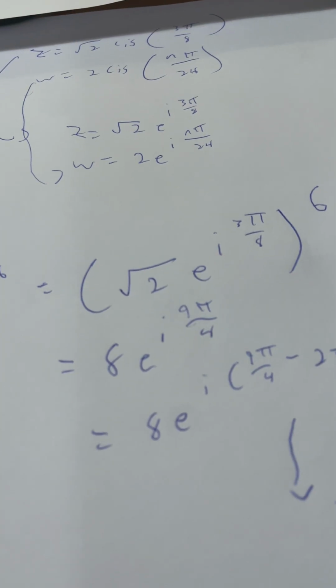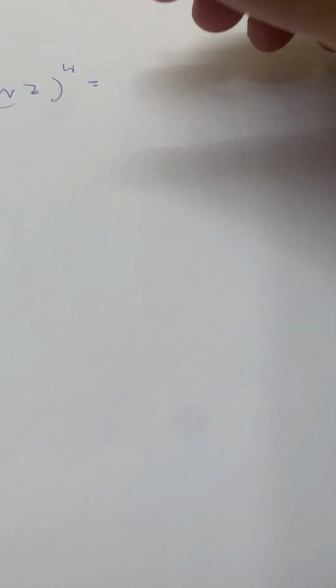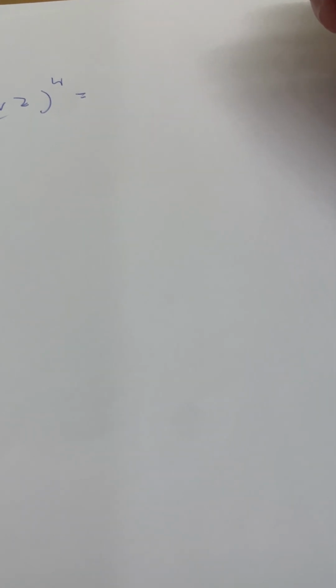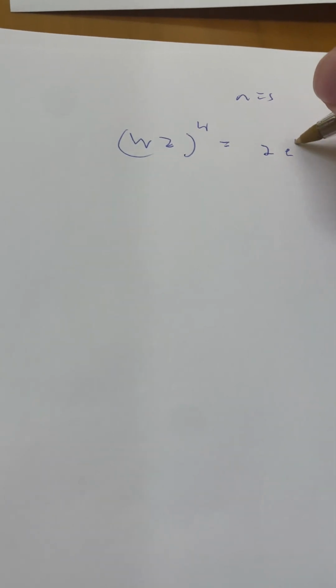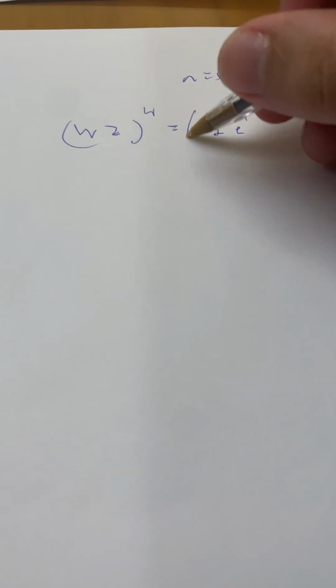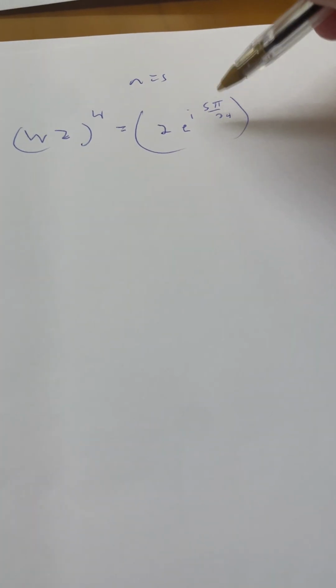Now part B was to find w z to the 4. So what we do here is we get 2 e to the i, for n equals 5, we plug in 5 pi over 24, and that was for the w, and then we have to multiply it by z.